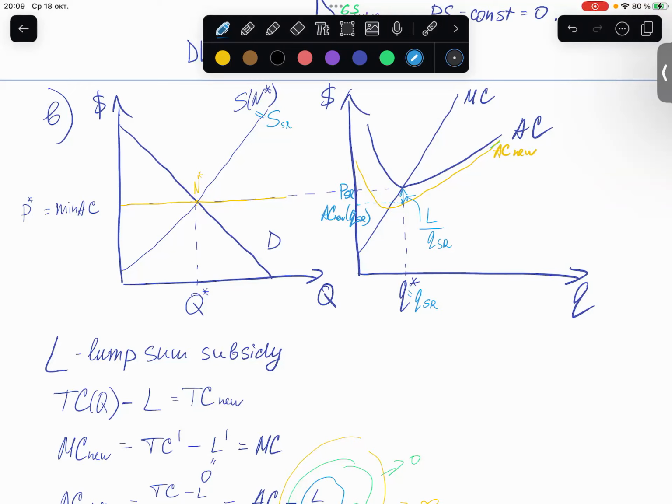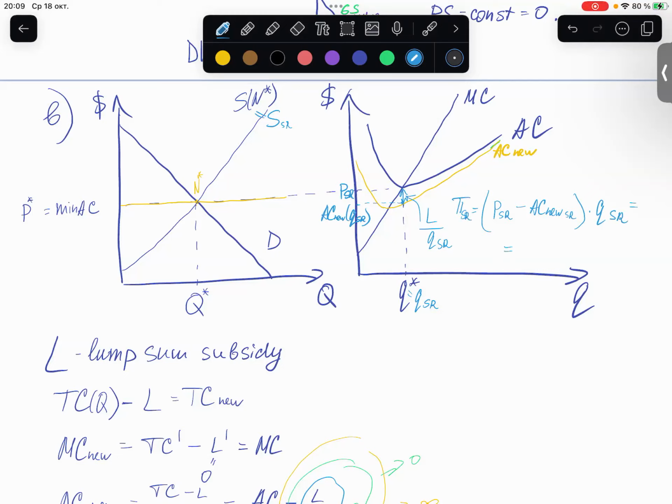So what will be the profit? Our profit margin is the price in the short run minus the new average costs in the short run, multiplied by the Q in the short run. This is the profit in the short run.